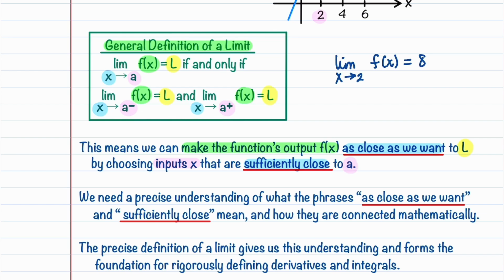We need a precise understanding of what the phrases "as close as we want" and "sufficiently close" really mean and how they're connected mathematically. The precise definition of a limit, otherwise known as the Epsilon-Delta definition of a limit, gives us this understanding and forms the foundation for rigorously defining derivatives and integrals.